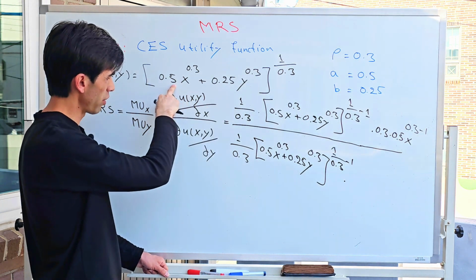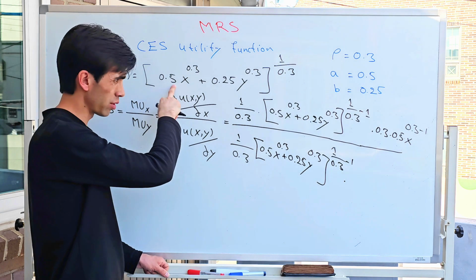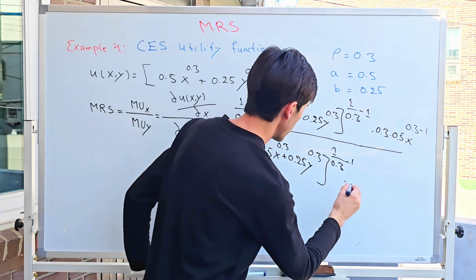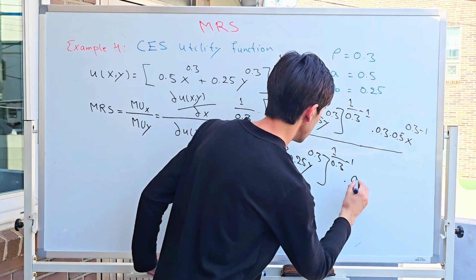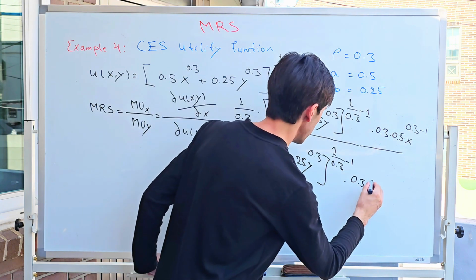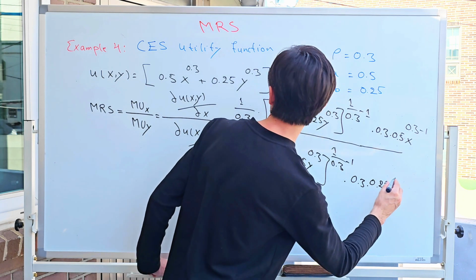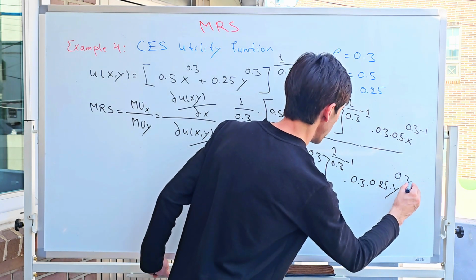The derivative of the x part with respect to y is equal to 0. The derivative of the y part with respect to y is equal to 0.3 multiplied by 0.25 multiplied by y to the power of 0.3 minus 1.